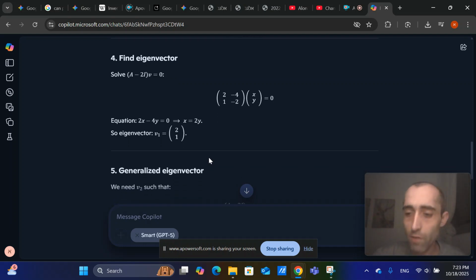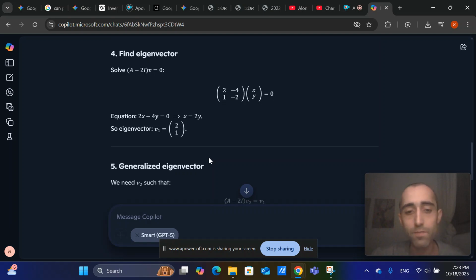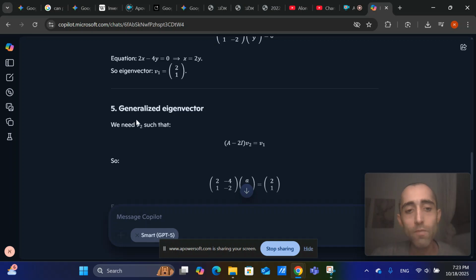But we need another eigenvector, or we don't have another eigenvector. So we will find a generalized eigenvector. And we'll call it v2, such that (A minus 2I) times this generalized eigenvector will be equal to the eigenvector we really have.